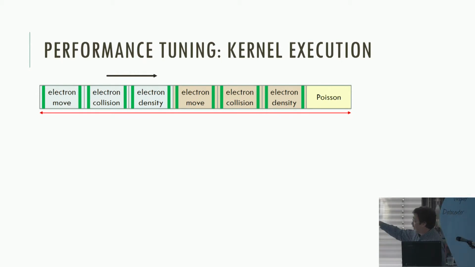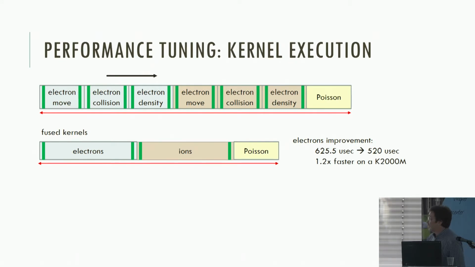This is the original current implementation, and the green lines designate the memory load and store operations. So each kernel will fetch data, modify or compute, and store data back. If we can fuse these kernels, so we can make all the electron related operations move into one kernel, all the others, sorry, these are ions, I just spotted a mistake.